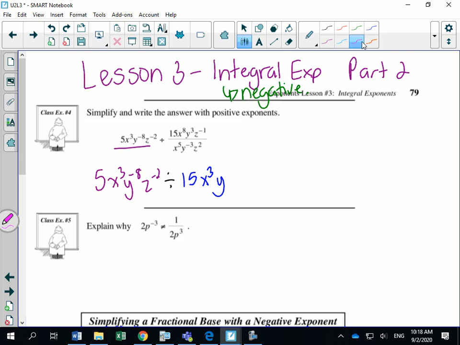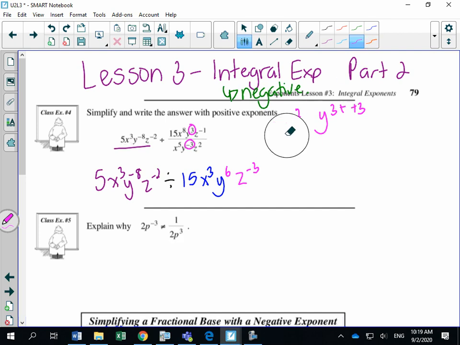Because it's division, it's going to be y to the power of 3 minus negative 3. Two negatives give you a positive, and that would be y to the 6. For your z's, it's z to the negative 1 minus 2, which is z to the negative 3.